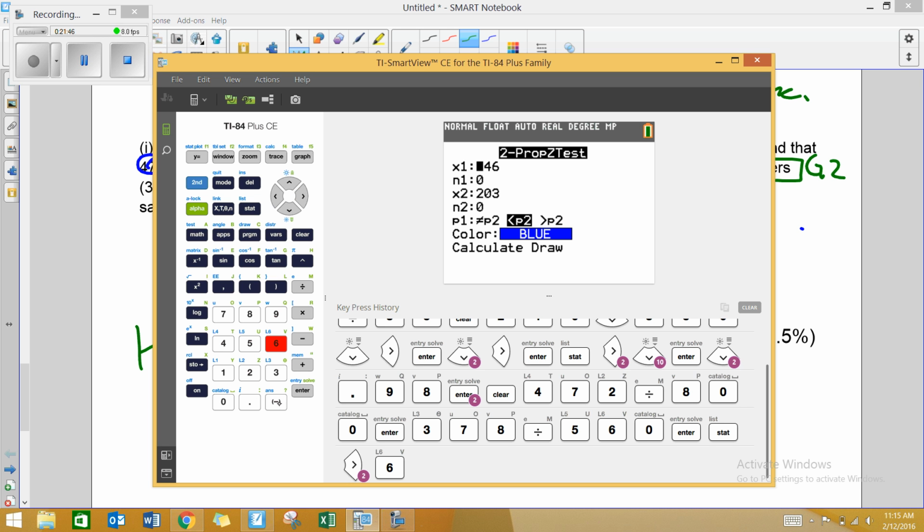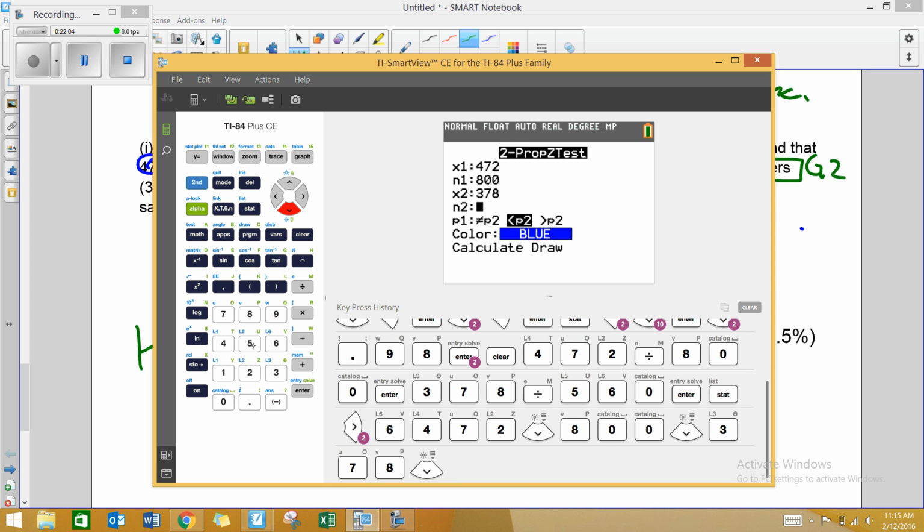And so we have 472 out of 800. And see here, this is group 1, so I'm just staying consistent. And then I have 378 out of 560.